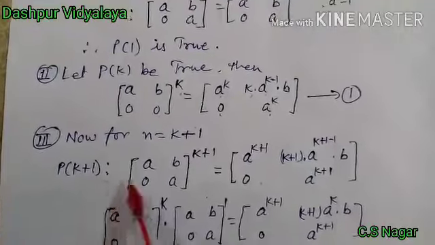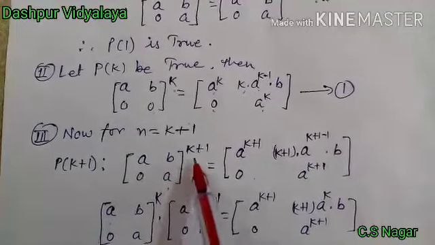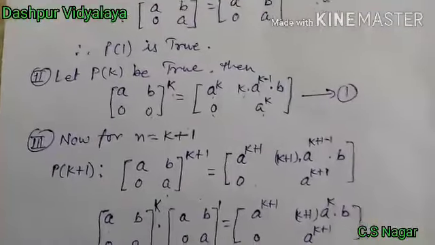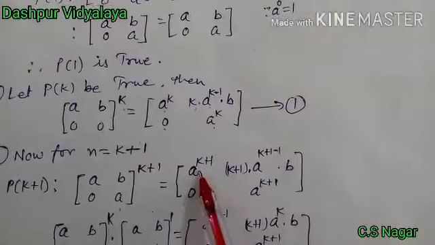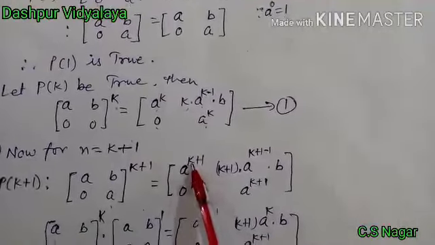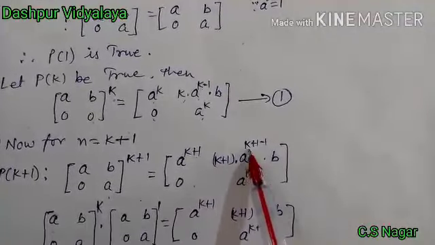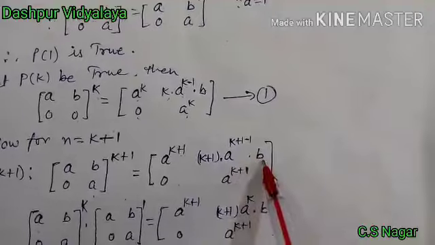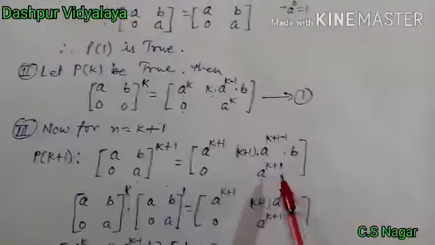So P(k+1) is such that [[a, b], [0, a]] raised to the power k plus 1, and on the right side also in place of n write k plus 1: a^(k+1), (k+1) a^(k+1-1) b, and a^(k+1) also.